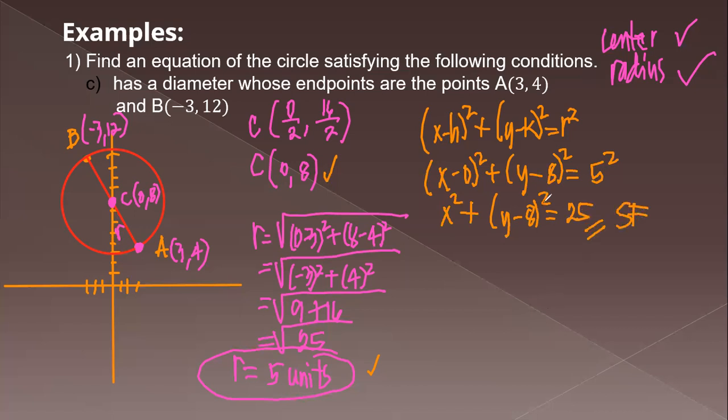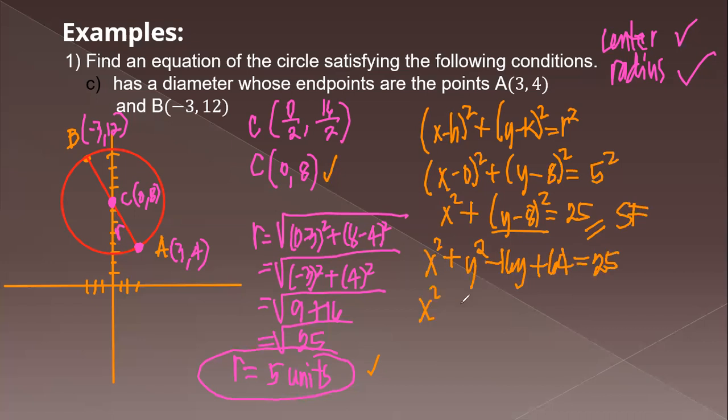To get the general form, expand it. So we have x squared plus, expand this binomial, we have y squared, y times negative 8 is negative 8y, times 2, negative 16y. Negative 8 squared is plus 64, equal to 25. Combining like terms, we move 25 over.